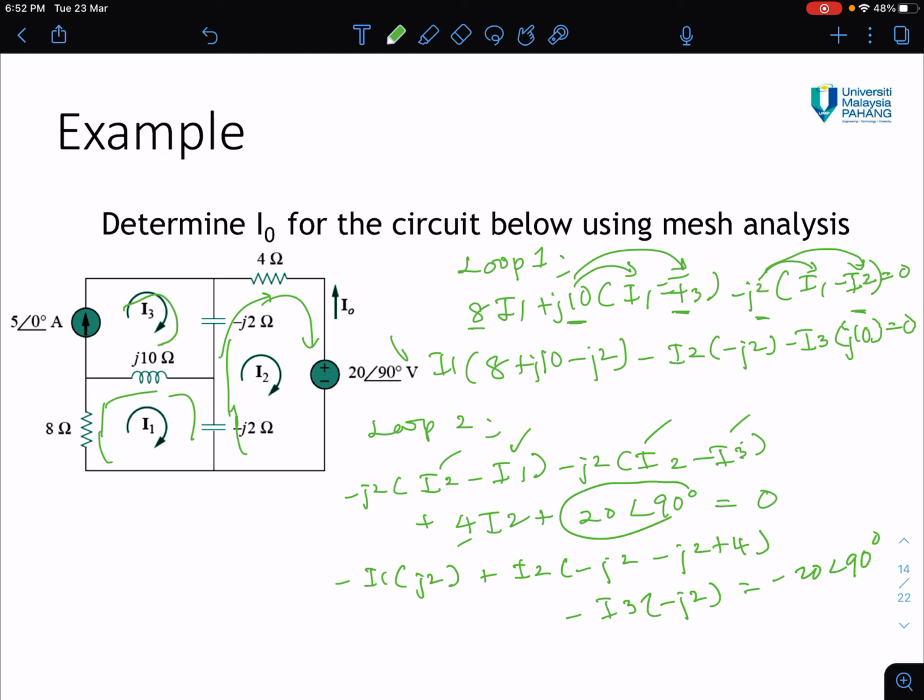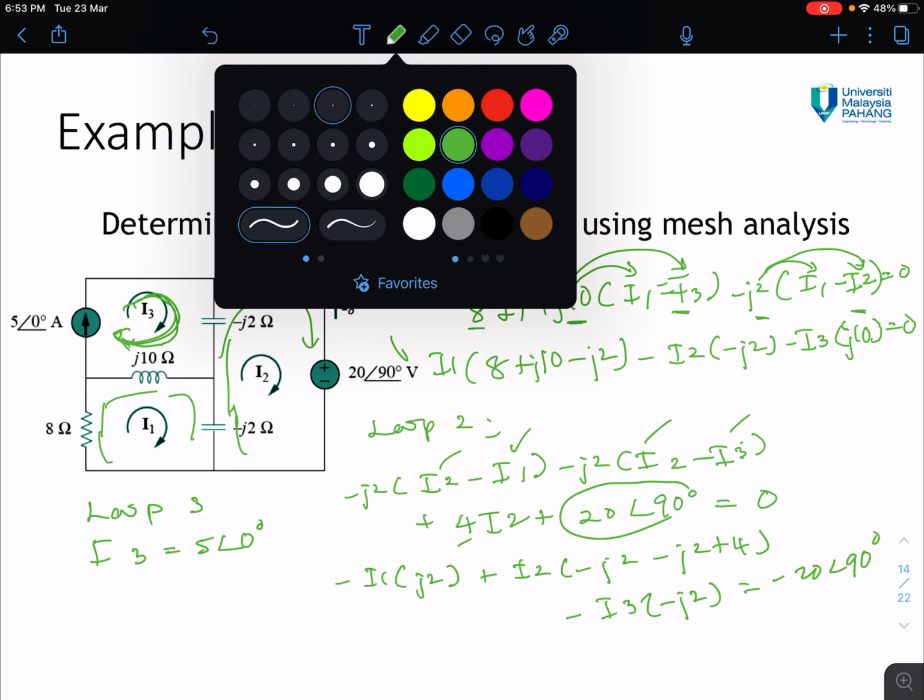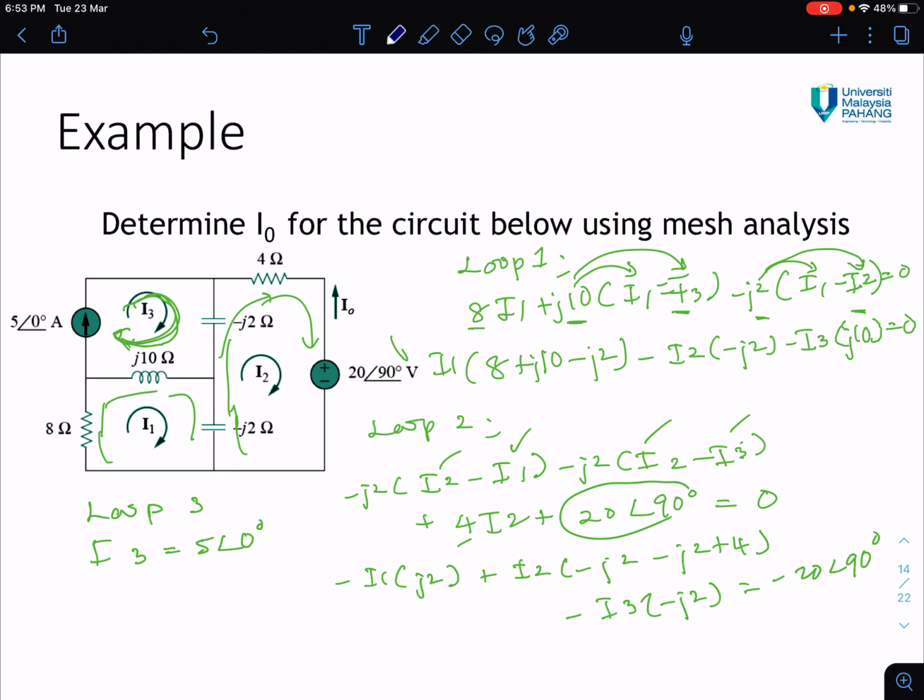Now let's focus on loop 3. Very simple. What is loop 3? Loop 3 is our I3, which equals 5 at 0 amps. This is equation 1, equation 2, and equation 3.